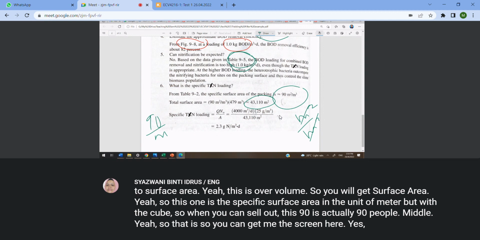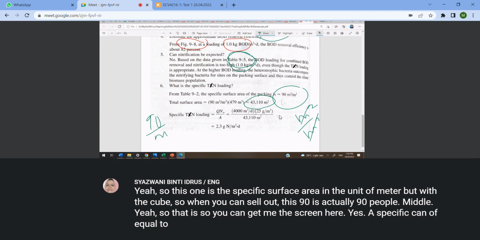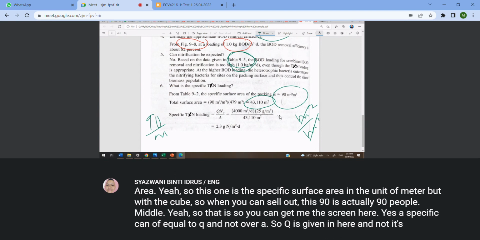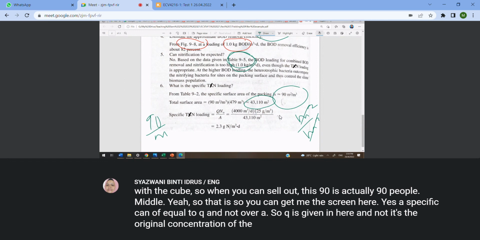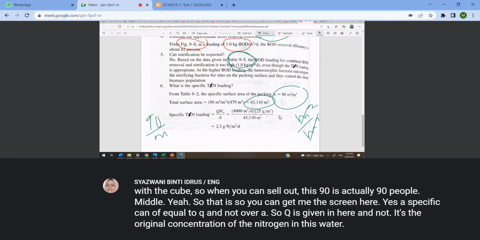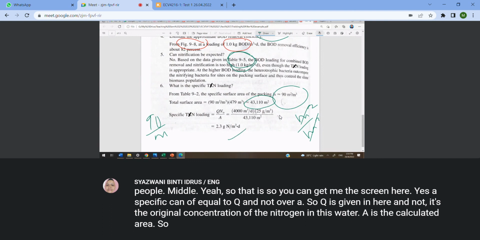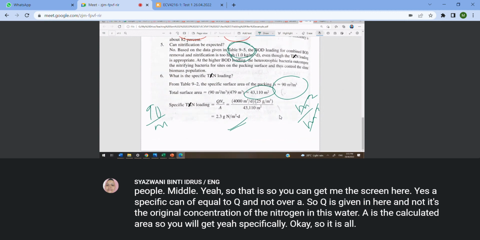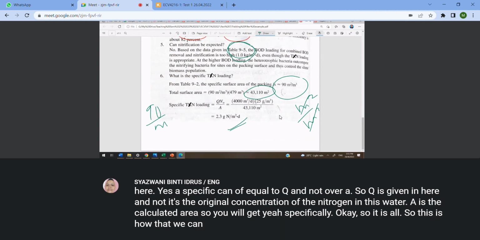So specific TKN loading equals Q N0 over A. Q is given earlier and N0 is the original concentration of the nitrogen in wastewater. A is the calculated area, so you will get the specific loading. Okay, so this is how we can calculate the specific loading.